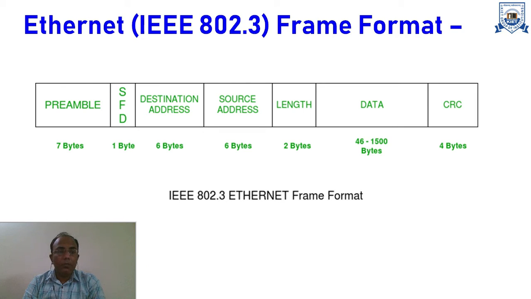It comprises a 7-byte preamble, 1-byte SFD, 6-byte destination address, 6-byte source address, 2 bytes for length, 46 to 1500 bytes of data, and 4 bytes for CRC. Let's study each part of the frame one by one.